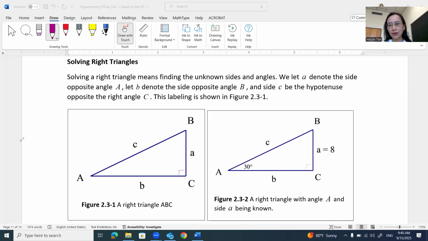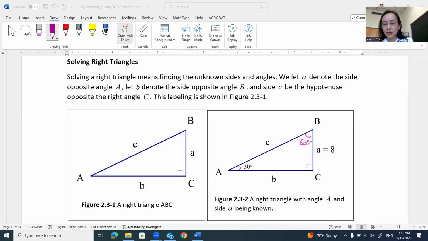So the only unknown angle is B, and we know the A and the B are complementary because it's in a right triangle. So A plus B must be 90 degrees. So immediately, 90 minus 30, so we know the unknown angle is 60 degrees.